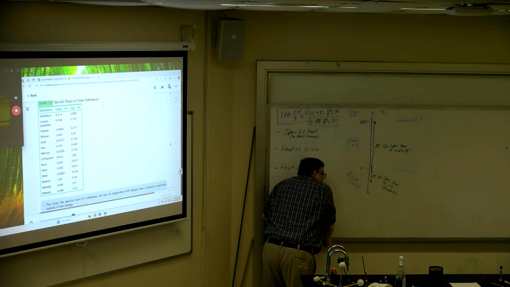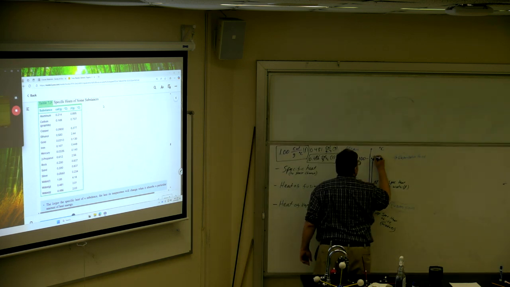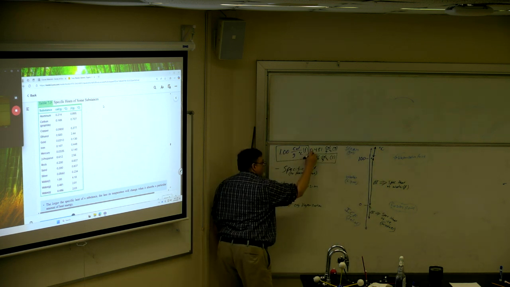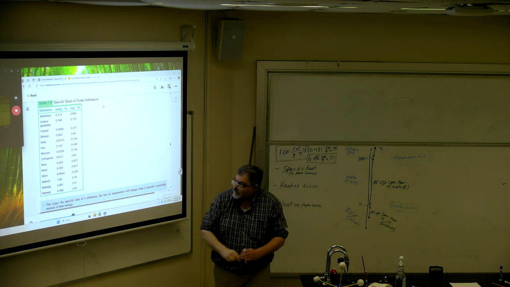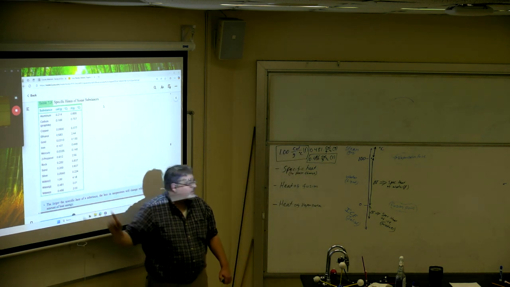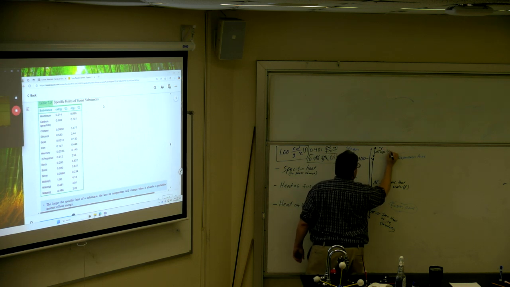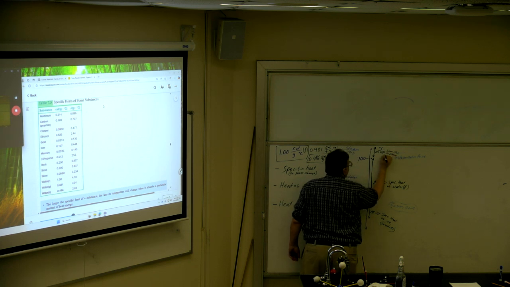And then if I want to continue to heat it to something above 100 degrees, in order to calculate that change in energy, I'm going to have to use the specific heat of steam. That is, water as a gas, 0.481. So there will be a delta T there, a change in temperature, and to calculate the energy, we'll use steam. That is water as a gas.